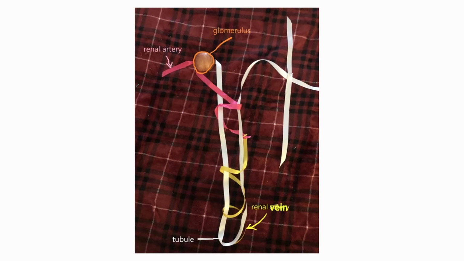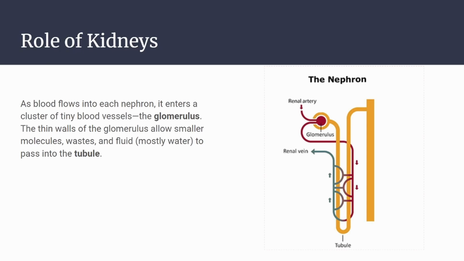After the blood is cleaned out, it flows back into the body through the renal veins, which is labeled in yellow. The slide over here just shows a more clear picture of what we were trying to demonstrate.